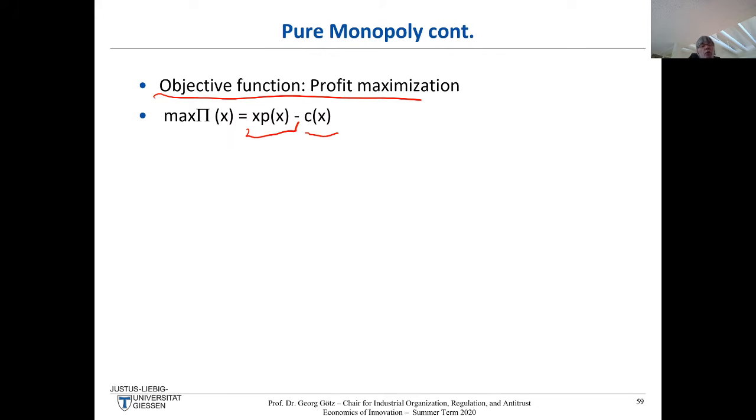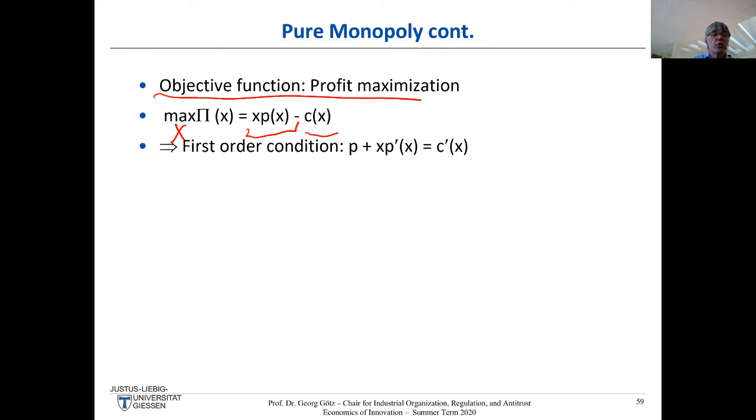We also could do it the other way around, quantity as a function of price, and take price as a decision variable, but here we maximize by choosing X. It doesn't matter for the monopolist, because if he chooses a quantity, the monopolist directly gets the respective price from the demand curve.